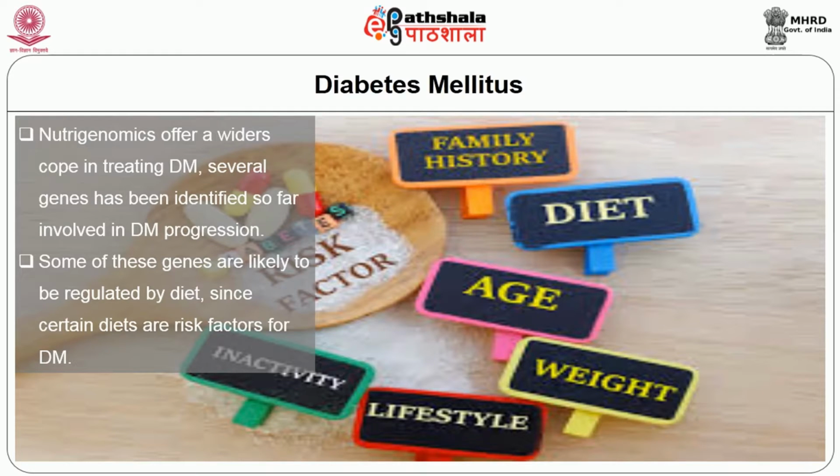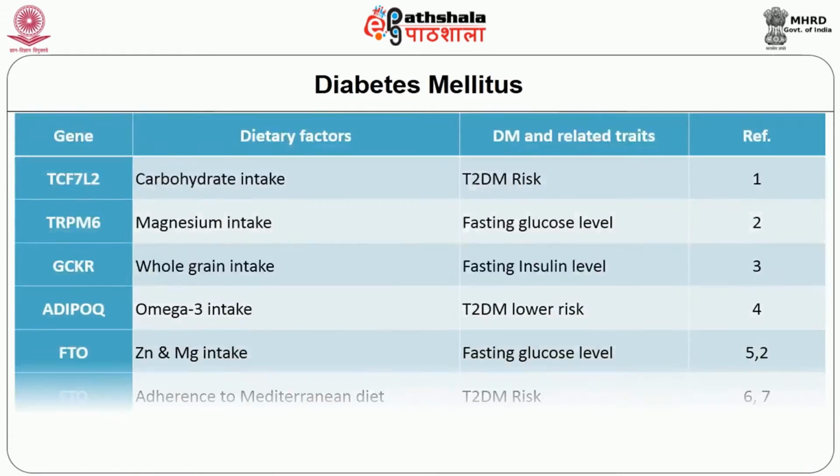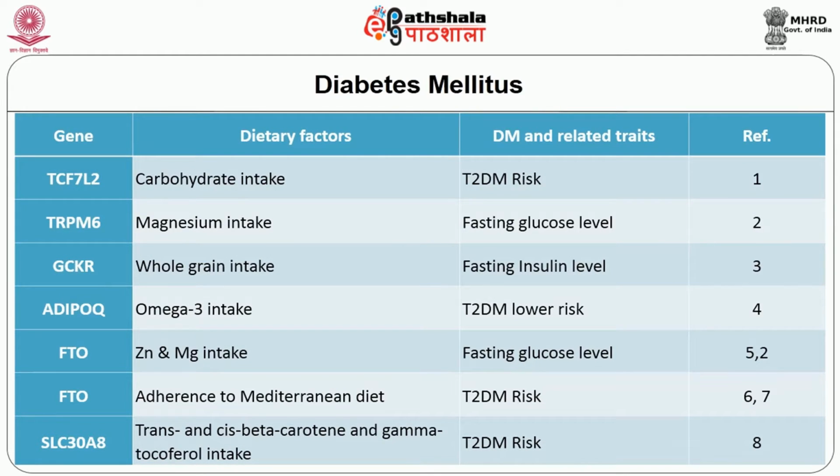Few of the examples are seen in this table. You can have dietary factors such as, say for example, more carbohydrate intake, which is a type 2 diabetes mellitus risk, and magnesium intake also affects fasting glucose level. So what about whole grain intake?